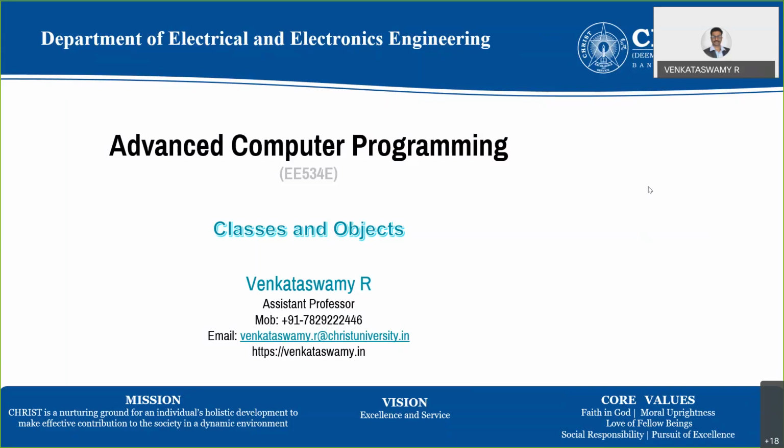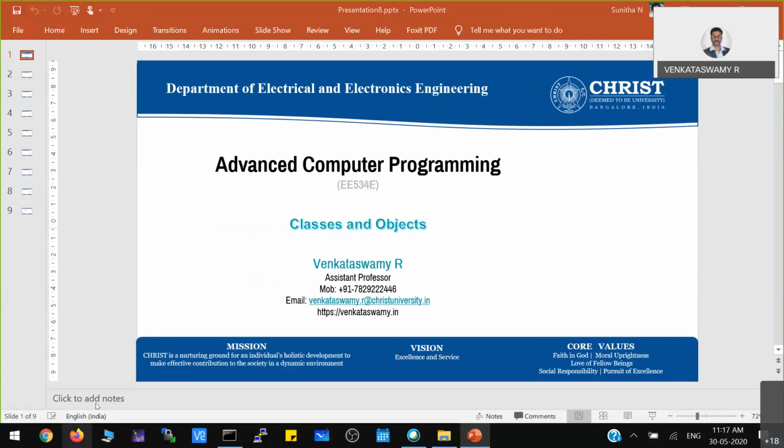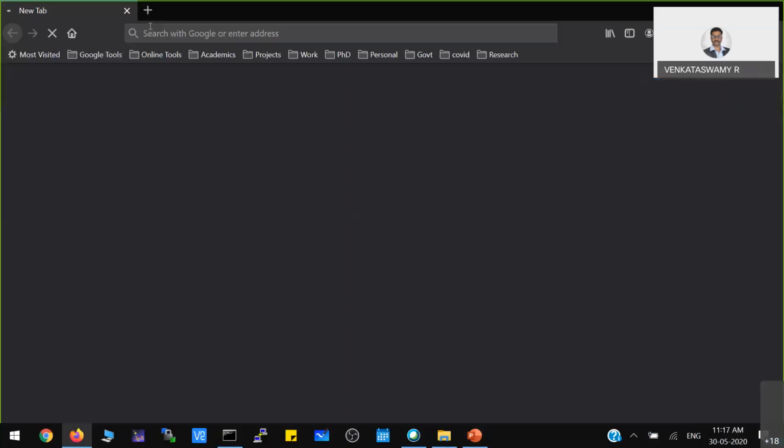Any other questions? If you have any on classes and objects, because you should know classes and objects, and identification of classes and objects is very much required. So for your understanding, I'll showcase one random file from the internet.